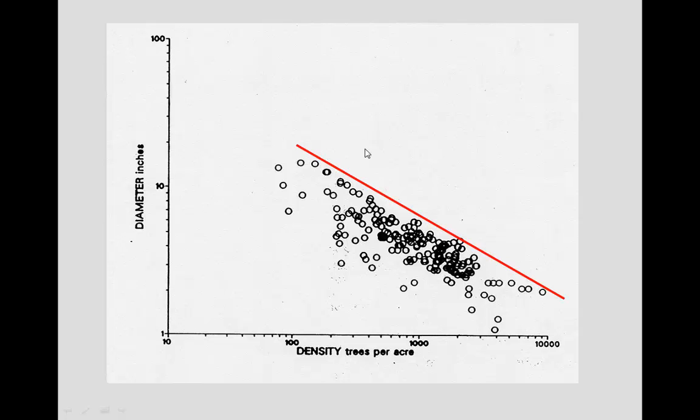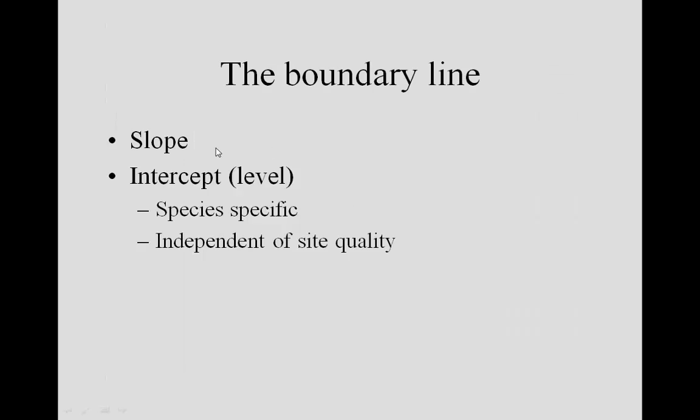This boundary line would be curved. But the slope of the linearized version of that boundary line is a constant. So the idea here is that the slope of the boundary line for ponderosa pine, for aspen, for sugar maple, etc., is the same. So there's a single slope for the boundary line for each species.